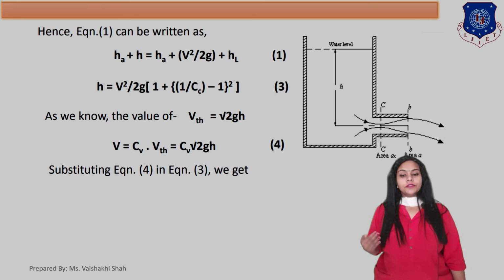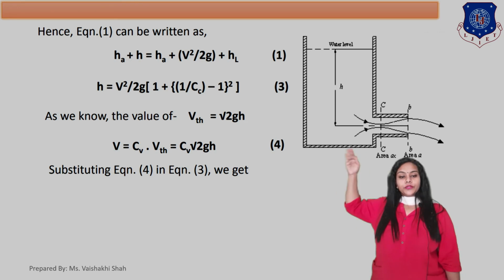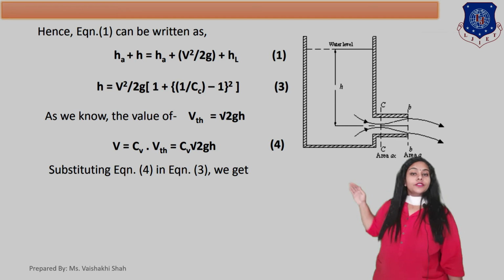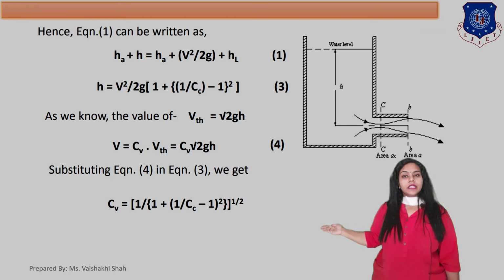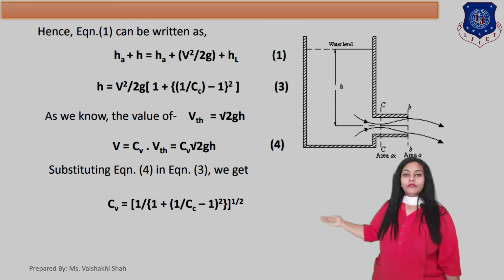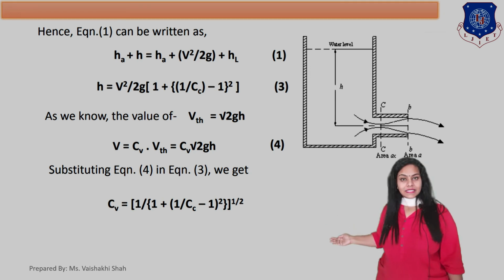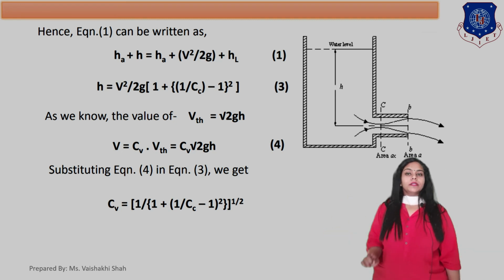Now substituting the value of V in equation number 3, we know H equals V square by 2g. So if we place the value of V in equation number 3, you get Cv equals 1 upon 1 plus 1 by Cc minus 1 square, raised to 1 by 2.